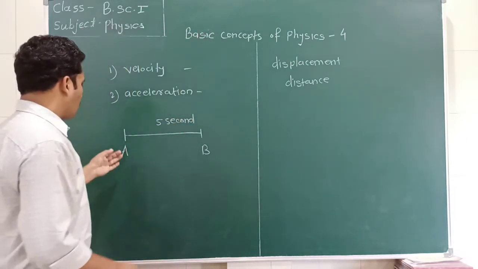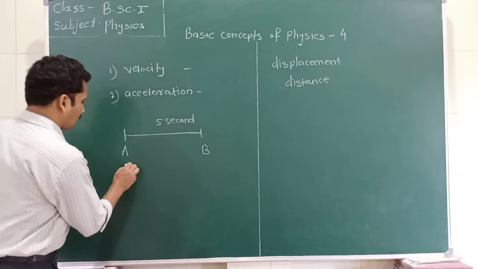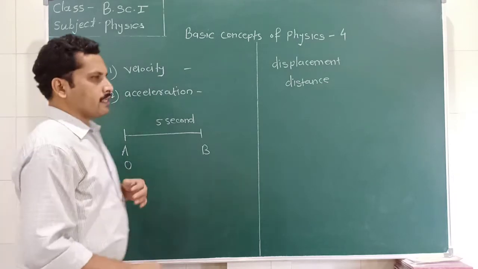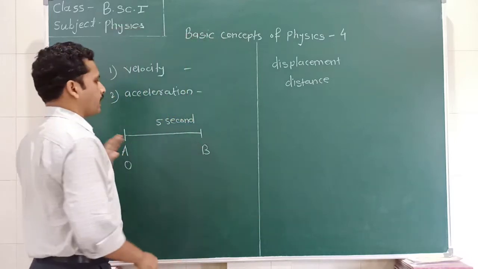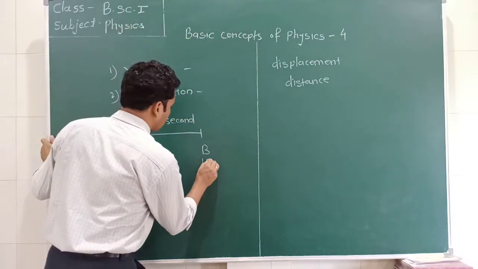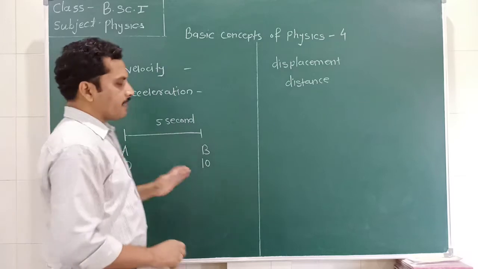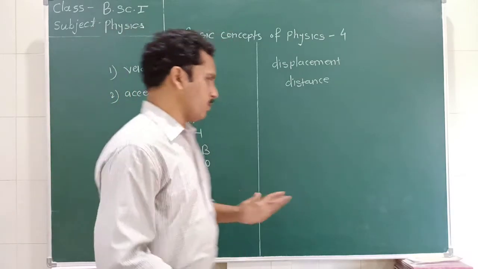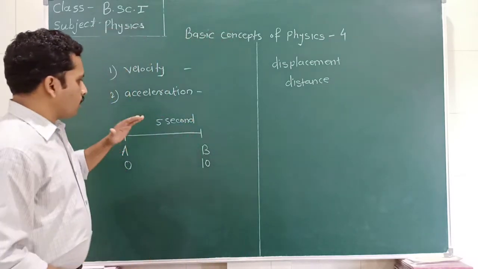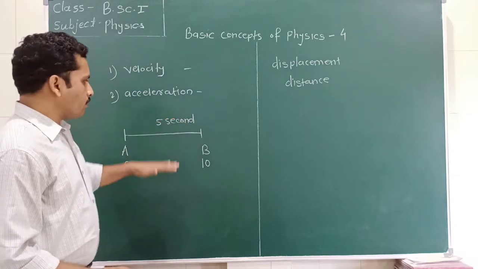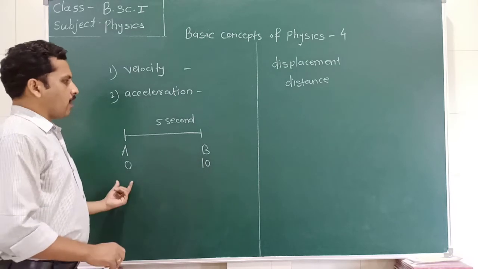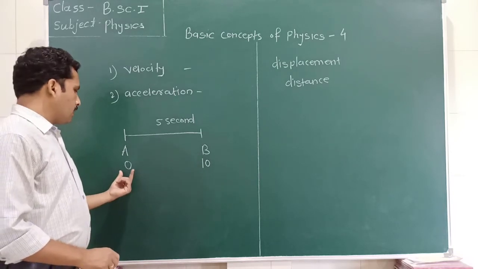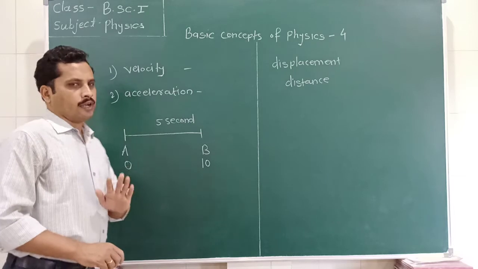Initially its displacement is equal to 0, but after 5 seconds its displacement is equal to 10, either centimeter or meter. So within 5 seconds the object moves from point A to point B and covers a displacement from 0 to 10.